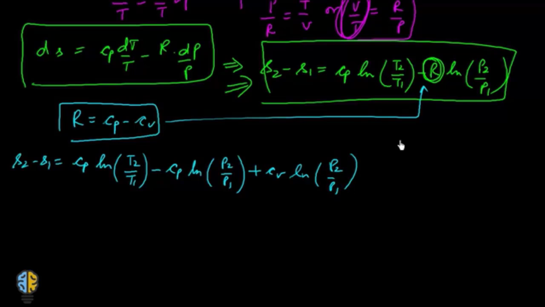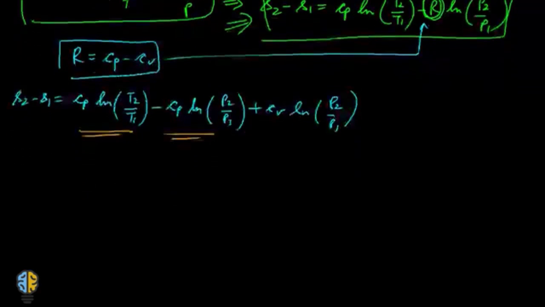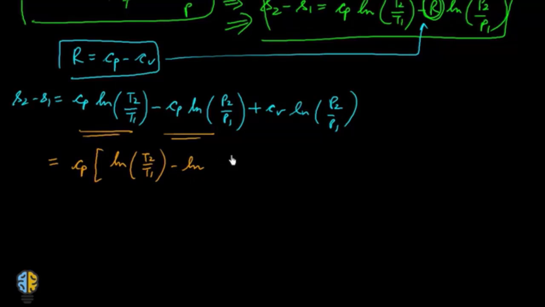Now let us combine these terms. When you combine them, you get Cp into log T2 by T1 minus log P2 by P1 plus Cv log P2 by P1.